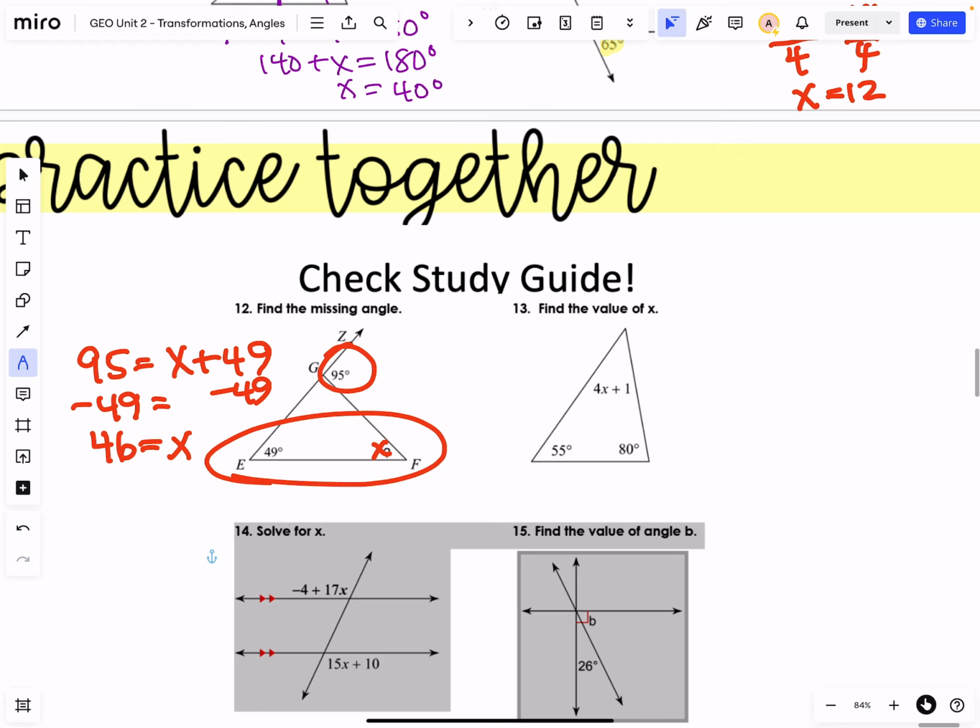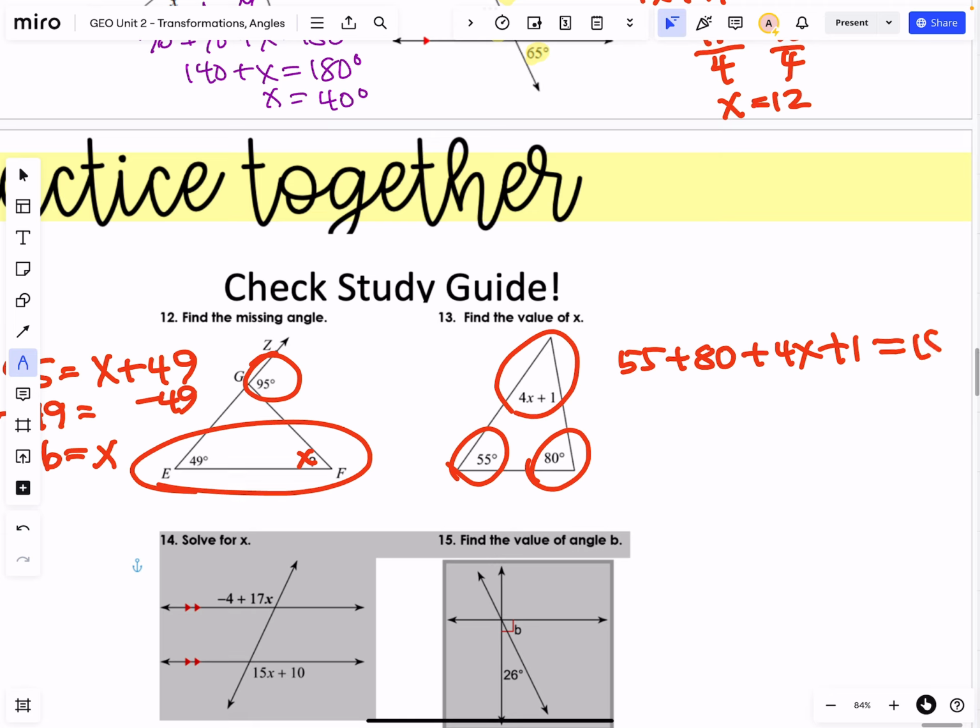All right, for number 13, we have got three angles inside the triangle. Add them up and set them equal to 180. 55 plus 80 plus 4x plus 1 equal to 180. All right, add up your like terms. We got three things we can add together.